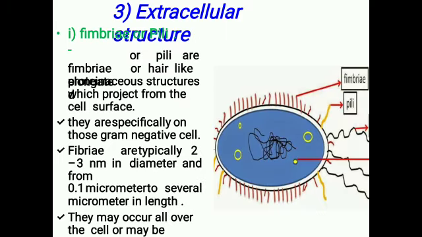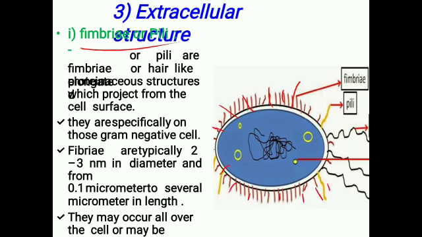Then the fimbriae, which are also called pili. Fimbriae or pili are small hair-like structures which project out from the cell surface. Here the fimbriae are indicated.